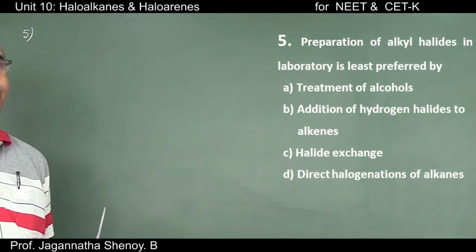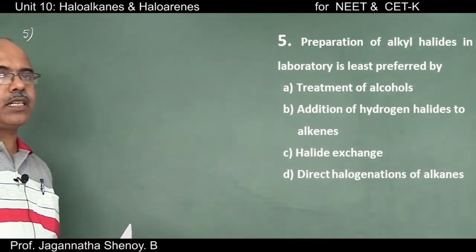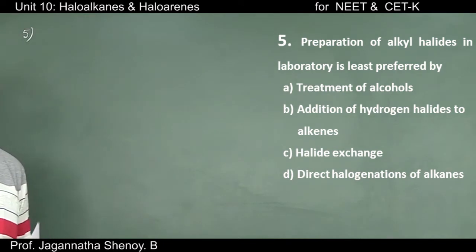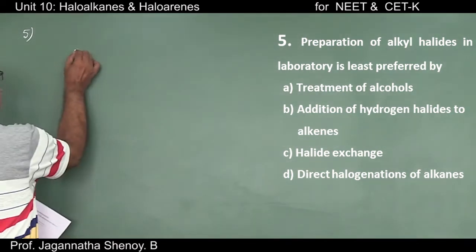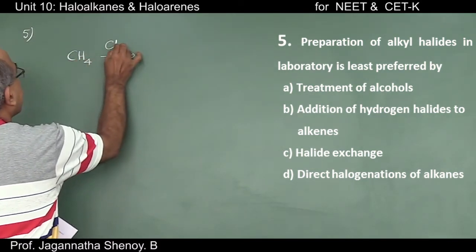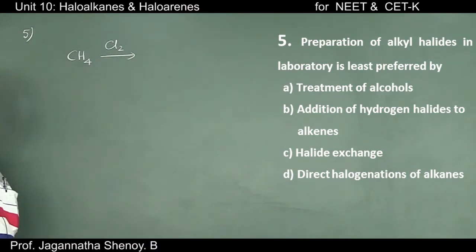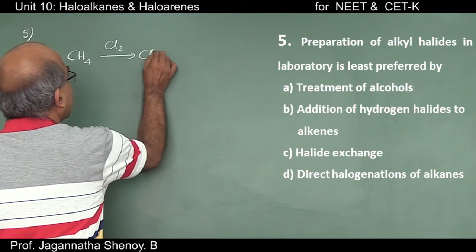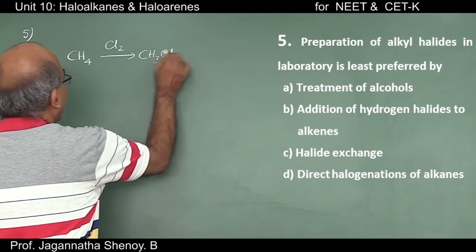Let us just concentrate on option D, direct halogenation of alkanes. In grade 11 under hydrocarbon chapter, under alkanes, we have studied about chlorination of methane. What happens there, you start from methane, I'm going to treat it with chlorine in presence of diffused sunlight, you will get a mixture of substituted products.